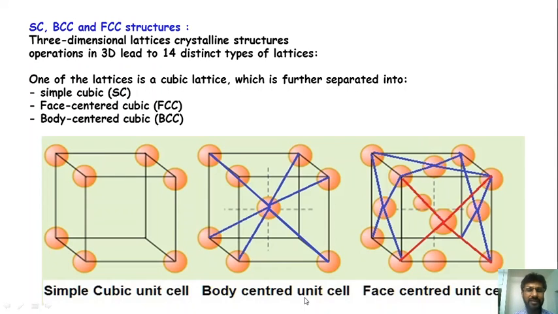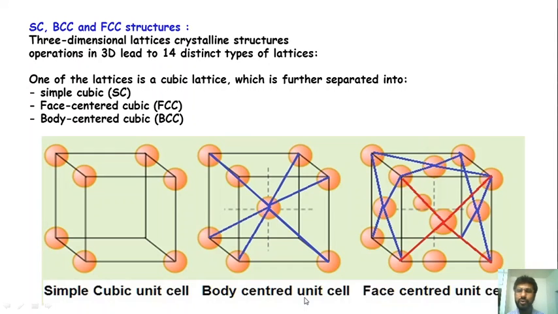Due to the atom at the center of this unit cell, it is known as the body centered unit cell, or the BCC type of structure. The third one is the face centered unit cell.